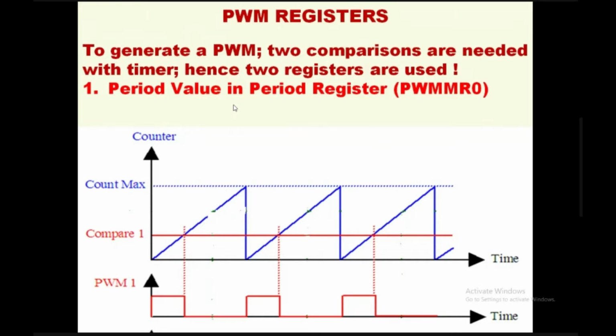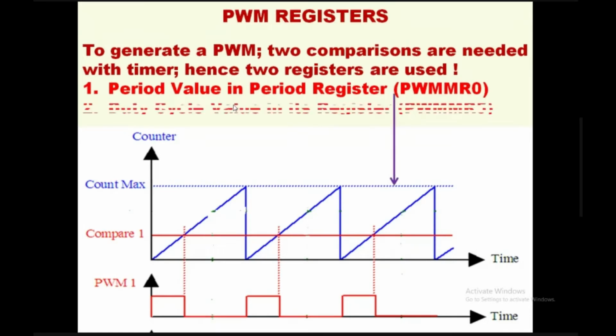PWM1, 2, 3, 4, 5 means MR1 is the first PWM output, MR5 is the fifth PWM output. Here we are using PWM5, hence it is PWM match register 5, which is going to choose the on time. So the compare one value is PWMMR5, and the count max value is PWMMR0.